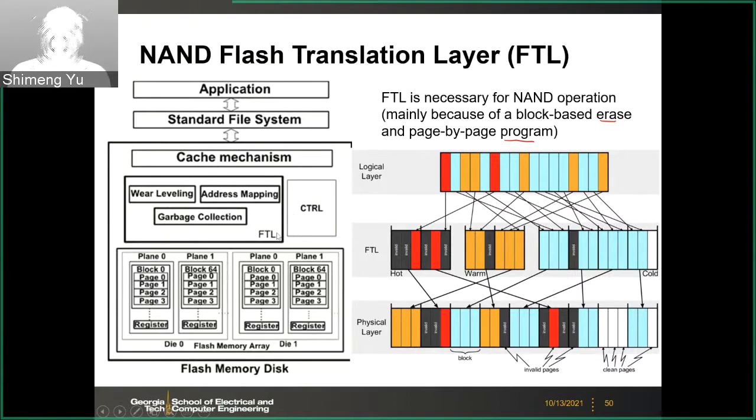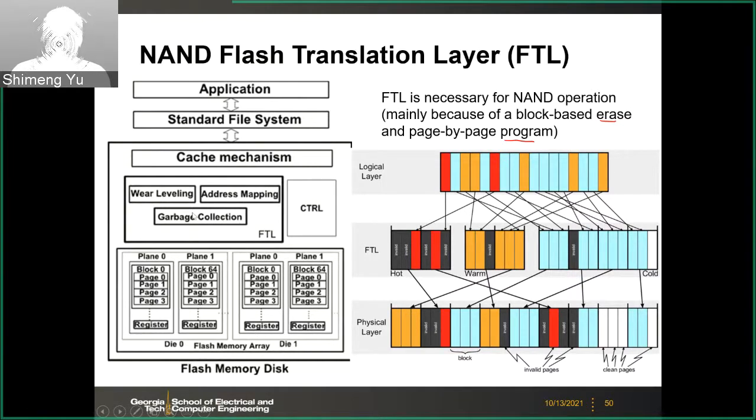On the flash, there is a controller, and this controller will contain this flash translation layer, FTL, which will do three jobs here. First is the address mapping. This is to convert the logic address to the physical address on the flash blocks.